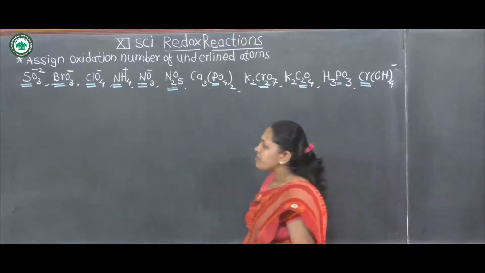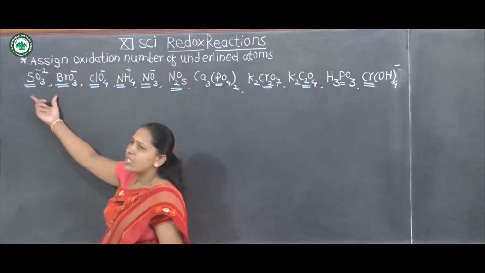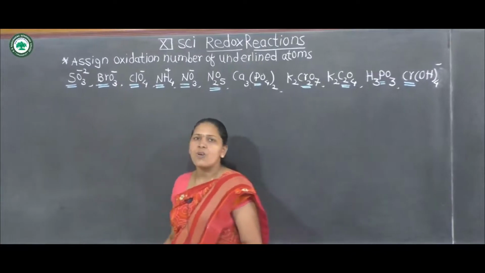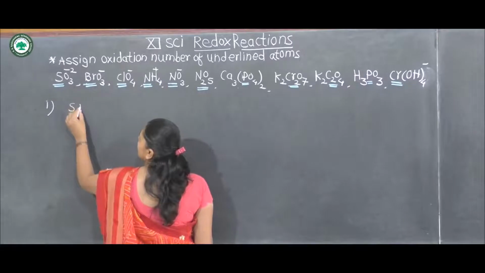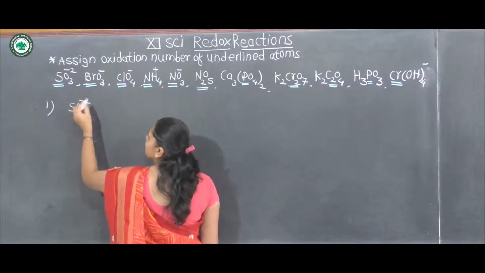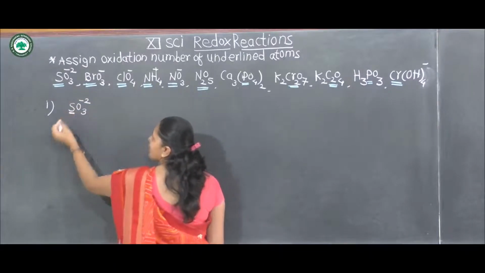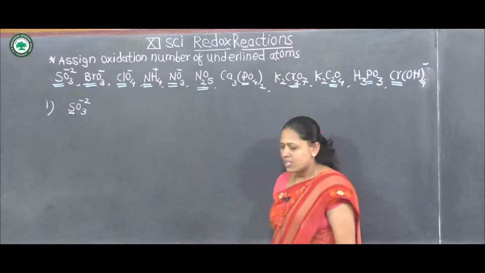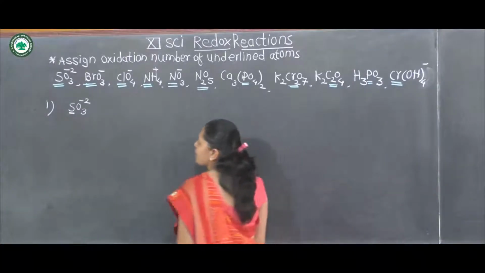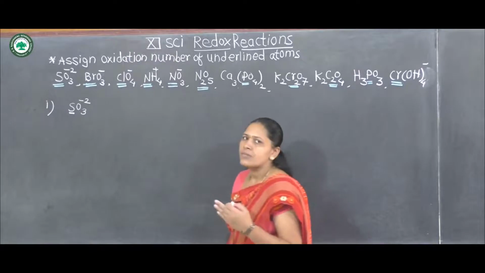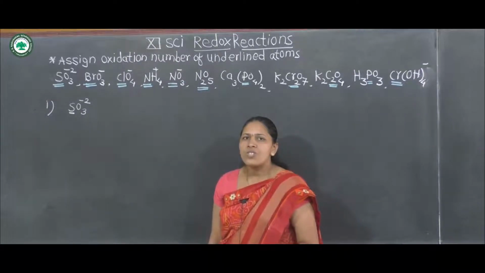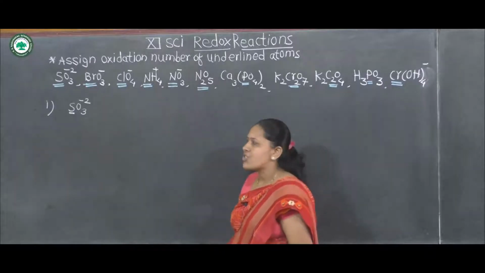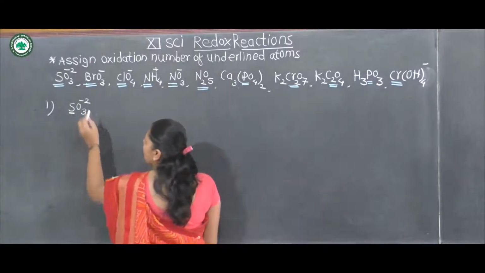In the first example, we have to calculate the oxidation state of sulfur in SO3 2-. We know that it is a polyatomic ion, therefore the algebraic sum of oxidation states of all atoms is equal to its charge, which is -2.